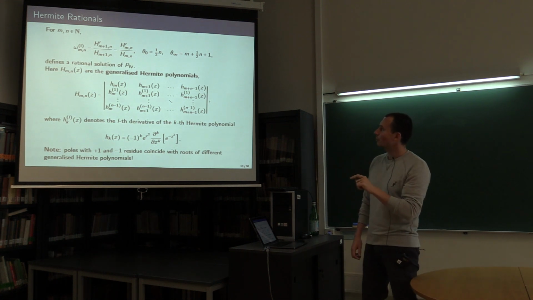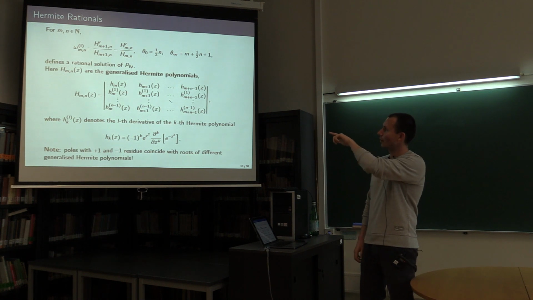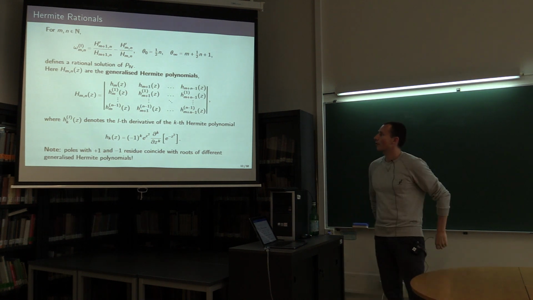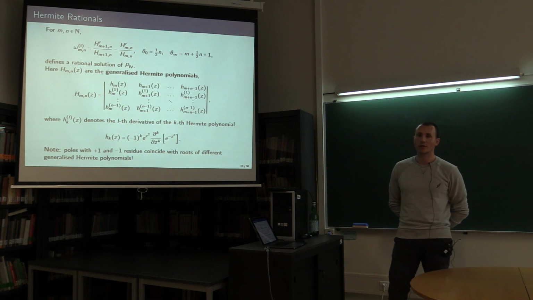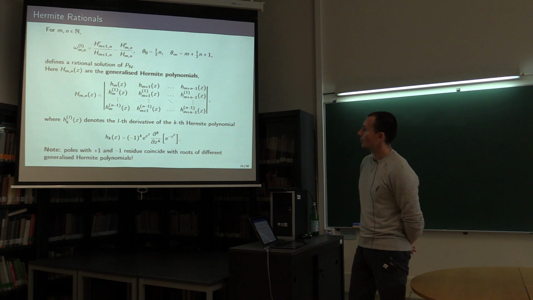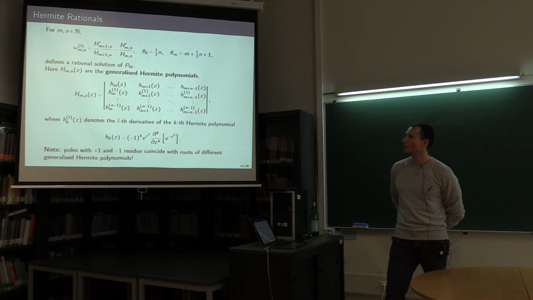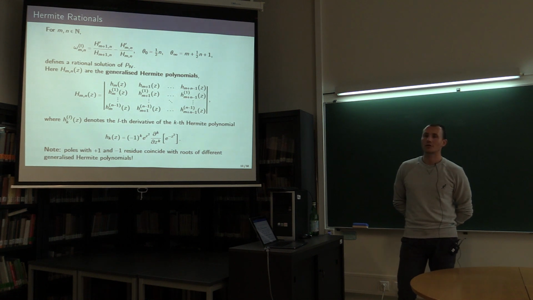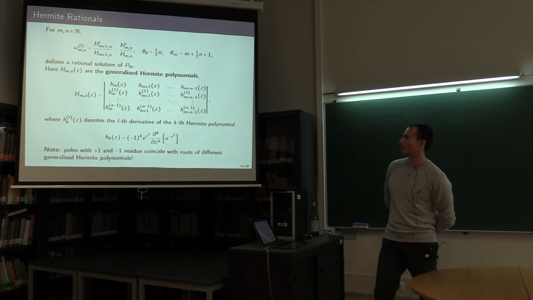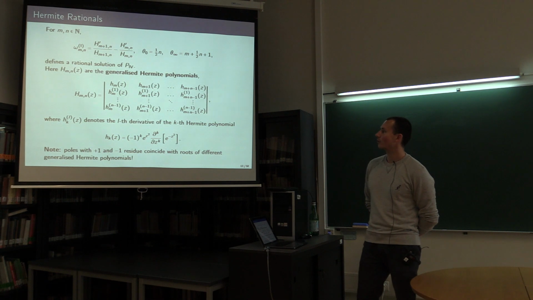These generalized Hermite polynomials are defined as this determinant, where the entries are derivatives of the standard Hermite polynomials. The poles with residue plus 1 of the rational solution are zeros of H_{m+1,n}, and the poles with residue minus 1 are zeros of H_{m,n}.